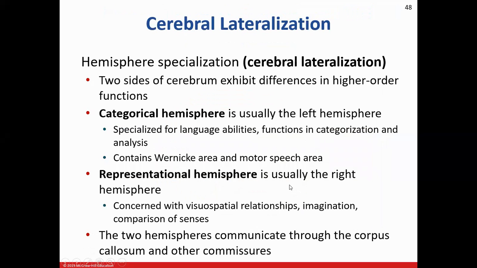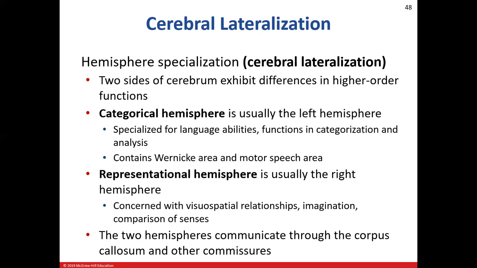Now, as we look at the cerebral cortex and we continue with lateralization of the brain, we have to understand that there are hemispheres that are specialized. Now, I know we've touched on this a little bit already as far as right side and left side. There are two sides of the cerebrum, the right and the left, and they exhibit differences in the higher order functions.